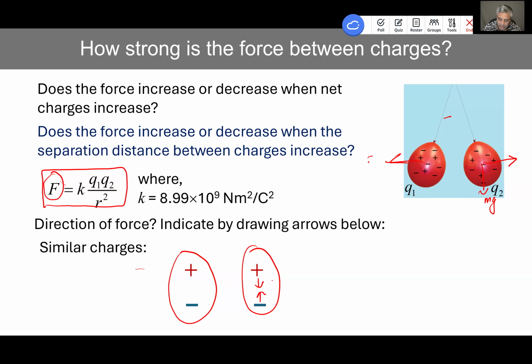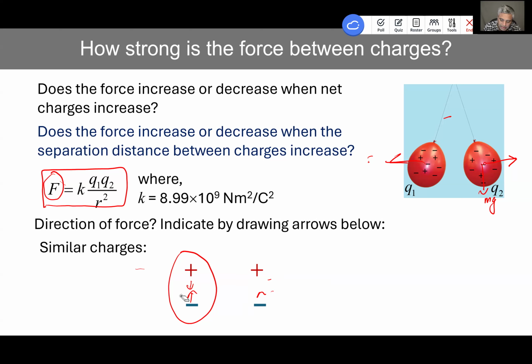And these forces, by the way, whether they are attractive or repulsive, have equal value, like Newton's third law of motion, action and reaction. One is acting on another one, and the other one is reacting, right?